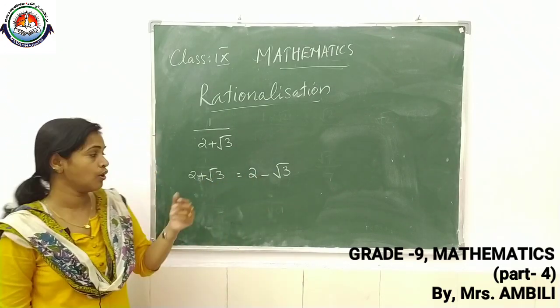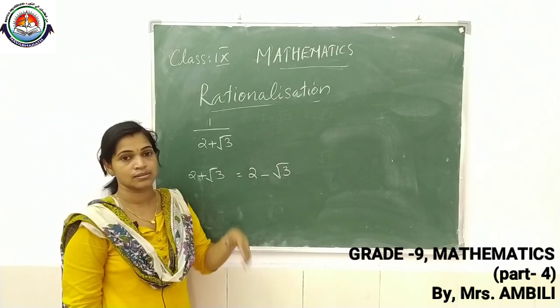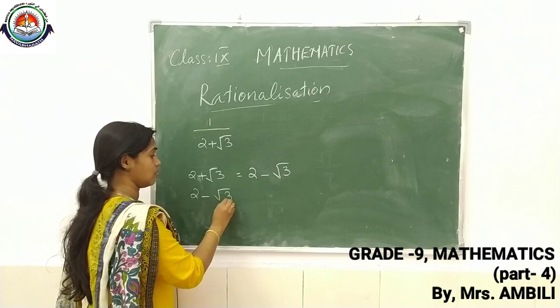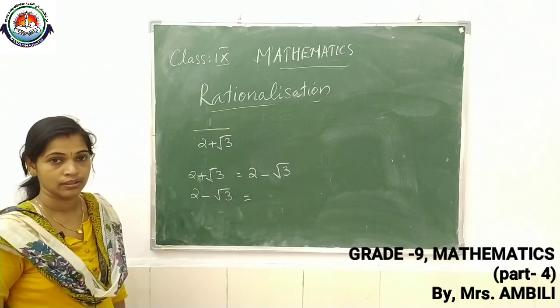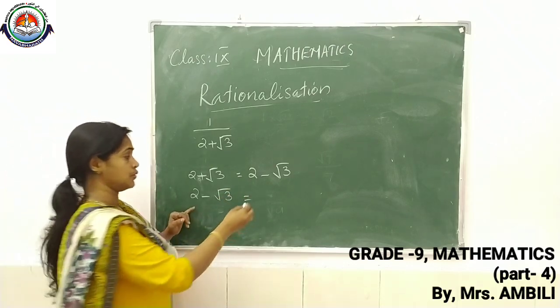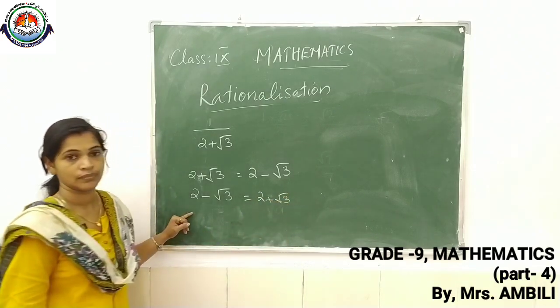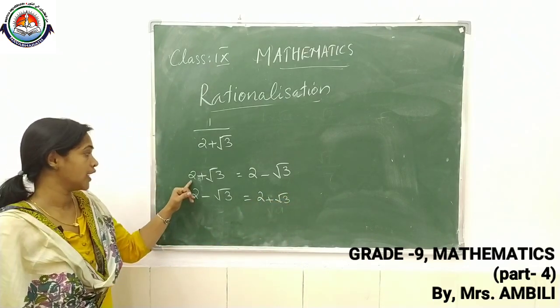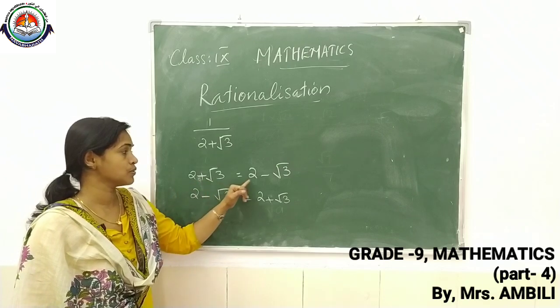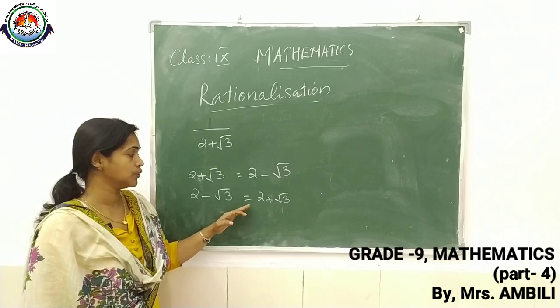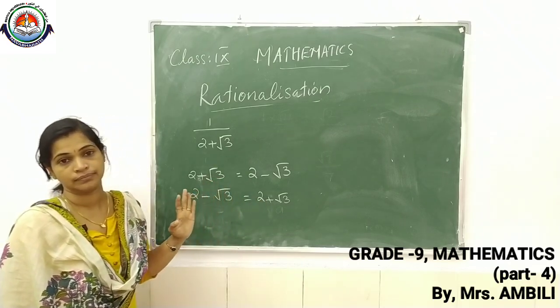Then if the question is 2 minus root 3, what is the conjugate of 2 minus root 3? Change the sign, 2 plus root 3. Clear? So the conjugate of 2 plus root 3 is 2 minus root 3, and the conjugate of 2 minus root 3 is 2 plus root 3.